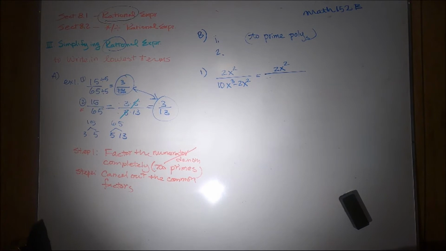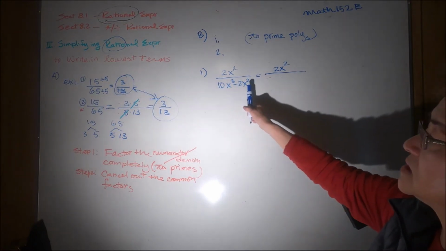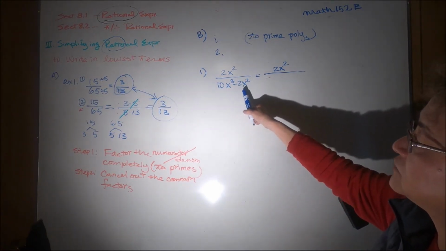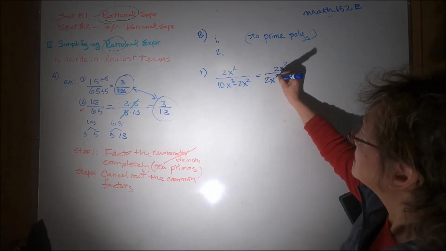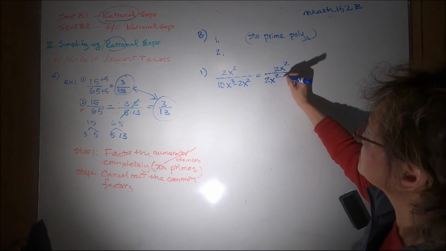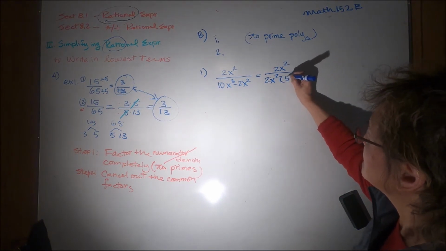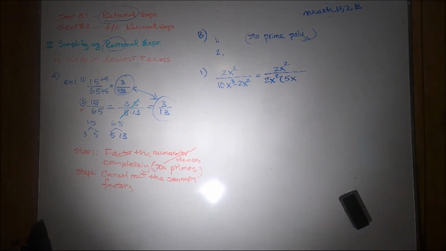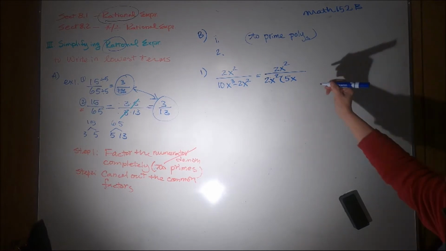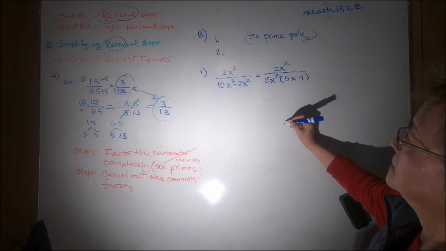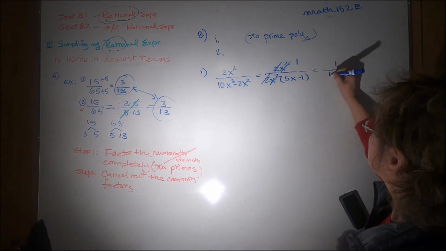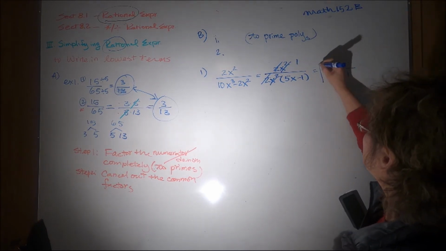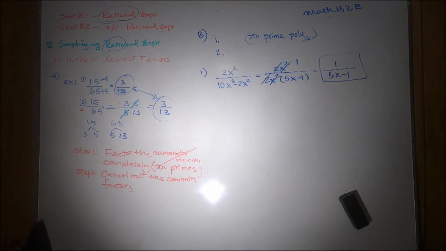Binomial. It's not, because you have what? GCF to factor out. So 2 and what? x squared, x cubed, that would be x squared. So you take out that, you will have what? 5x, right? And minus 1. Then you cancel out those. So that would be your simplest form.